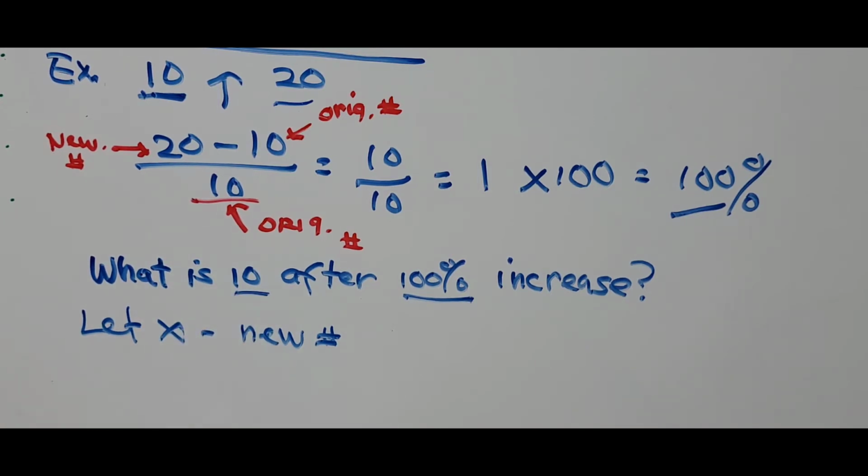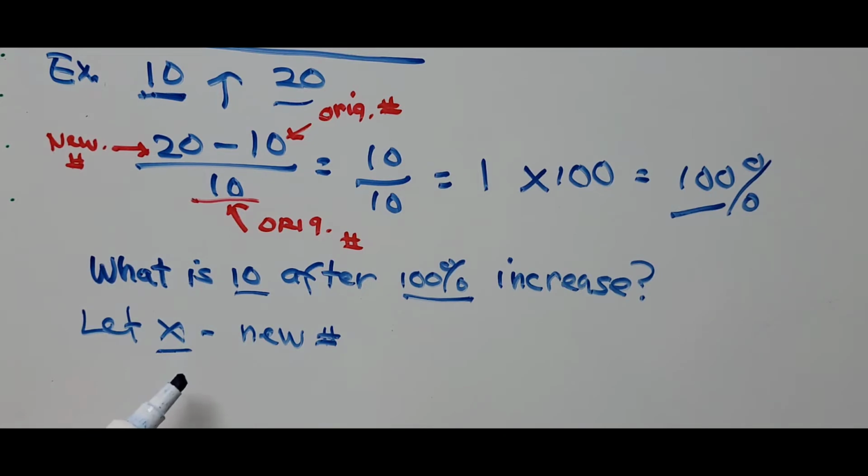So what do we have to do? Since the number is increasing, we have to subtract the smaller value from the bigger value. So the original value is 10, and we subtract that from the new value x, so it would yield a positive numerator.